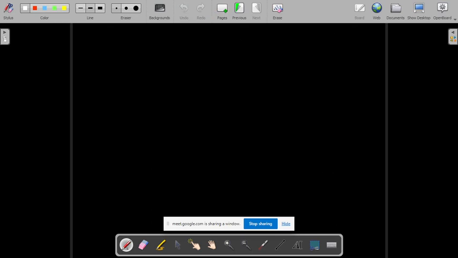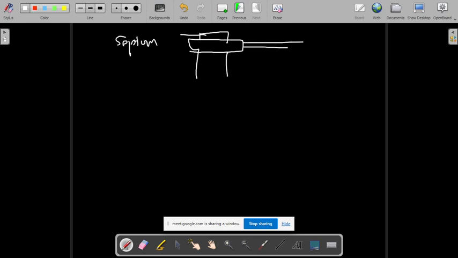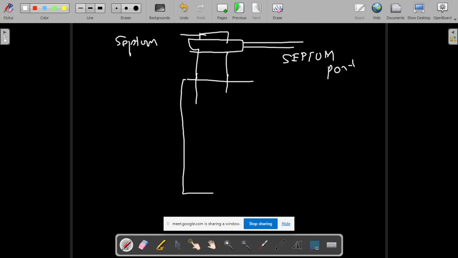How does this port basically look? I'll just draw a diagram of it. Here we have a septum, so we can just put it as septum. This is a septum port. All the way here you have something called a liner.